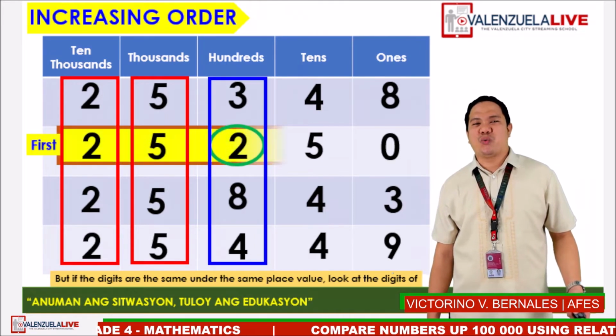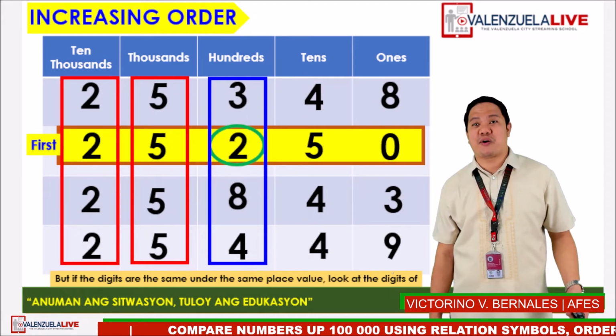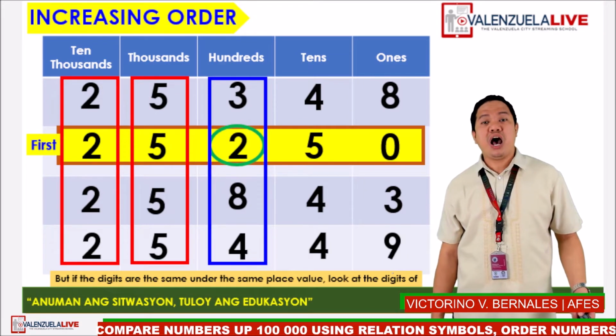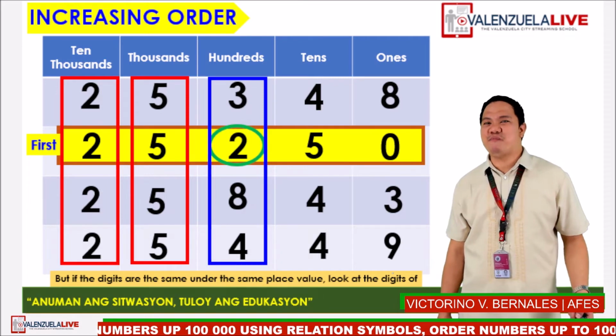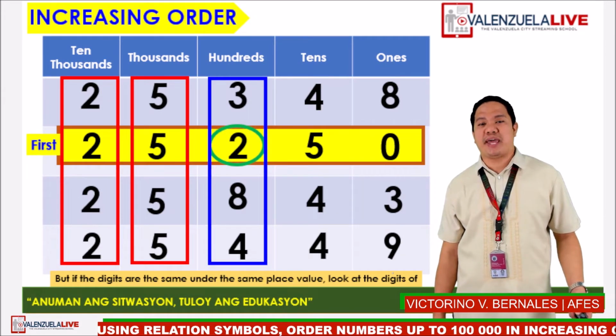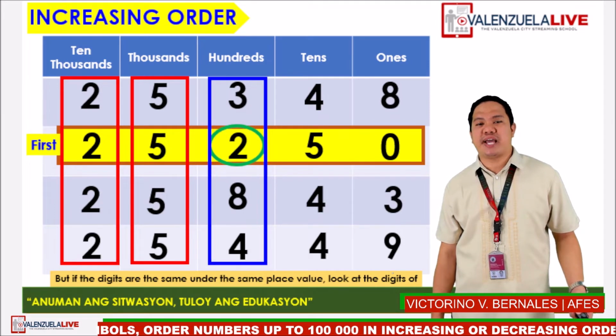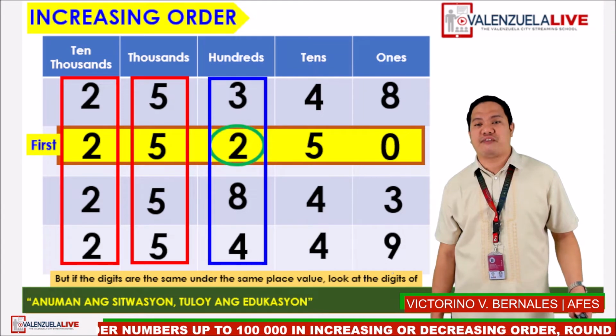Therefore, 25,250 comes first in our arrangement. How about the second number? Looking again at the digits in the hundreds place, what digit comes after 2?